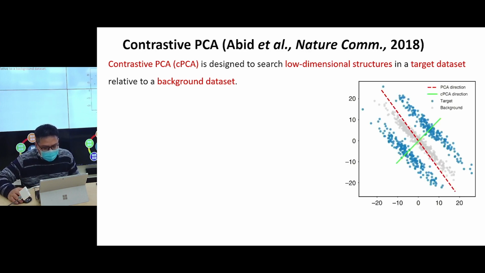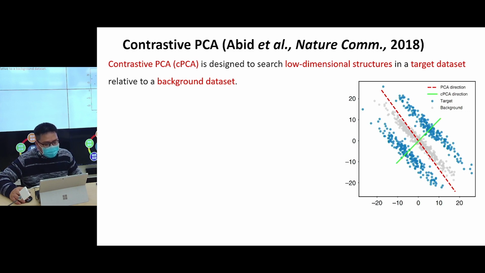As you can see in the figure here, the blue represents the target data set, and the gray dots represent the background data set. And we hope to find the projection that somehow minimizes the information from the background data set. We can see there are two lines here.